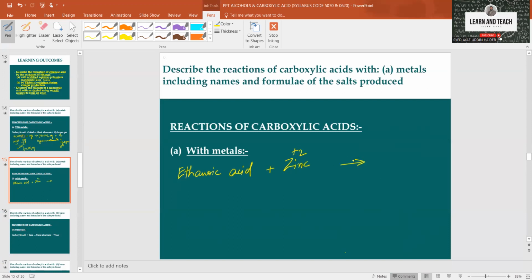The product will be, I'm just writing the name of the product, zinc ethanoate plus hydrogen gas.